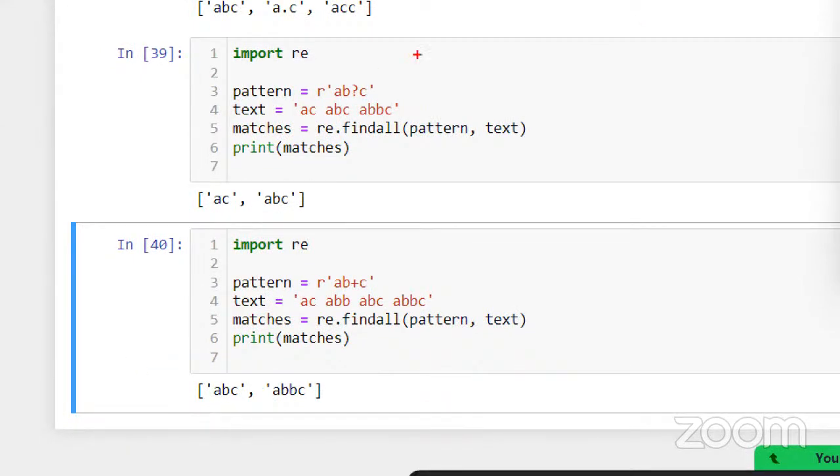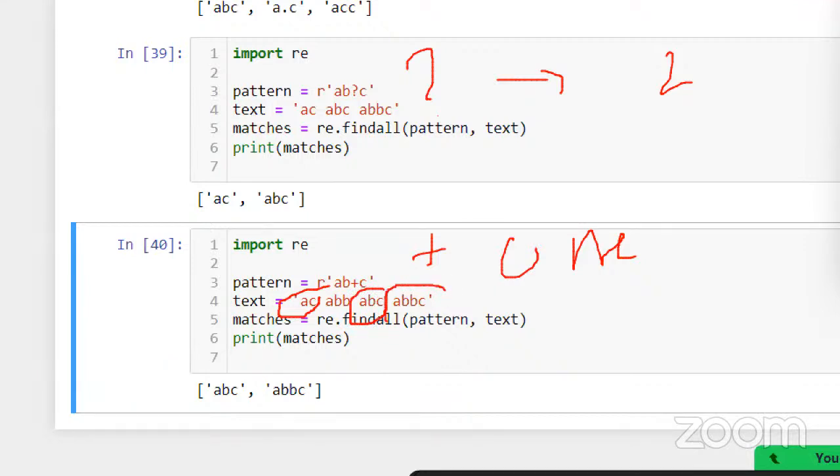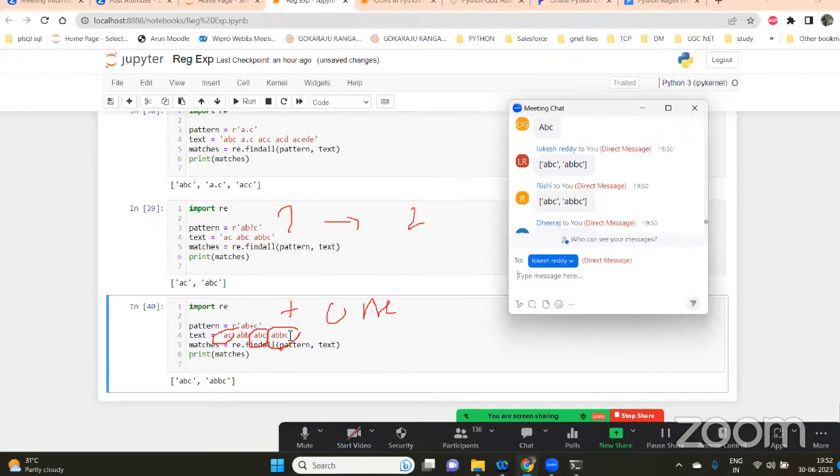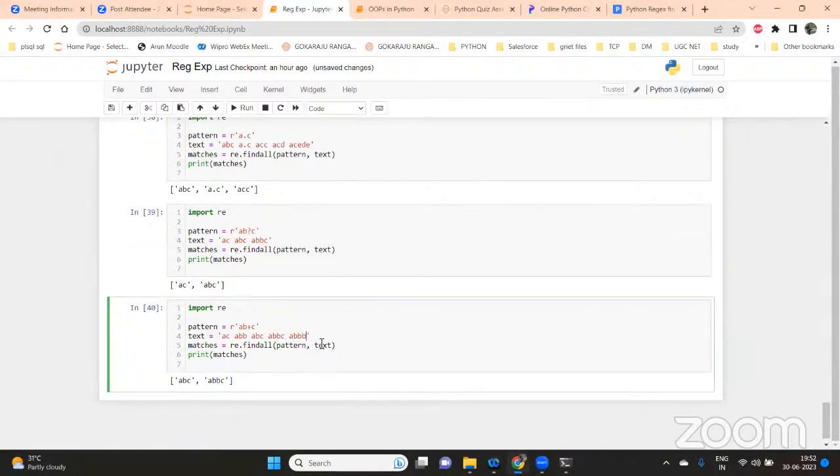So same question, same difference. Thank you, Lokesh. Here question mark, here plus. Question mark means 0 or 1, plus means 1 or more, correct? At least 1 should be there. So obviously this won't be valid. This also won't be valid, correct? This is a valid one because at least 1 occurrence is there. And this is also valid because no matter how many times you repeat, that B will come. Still it is a valid answer.